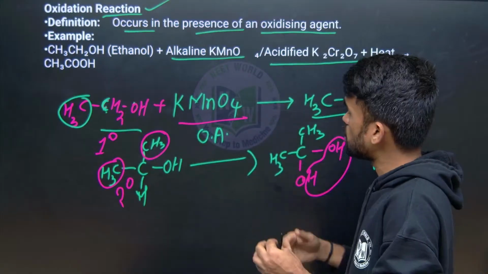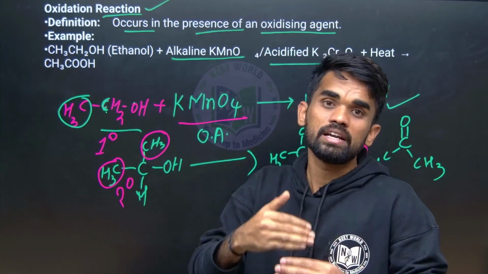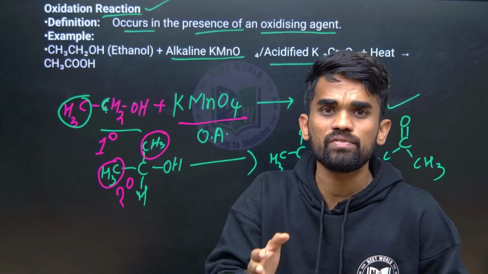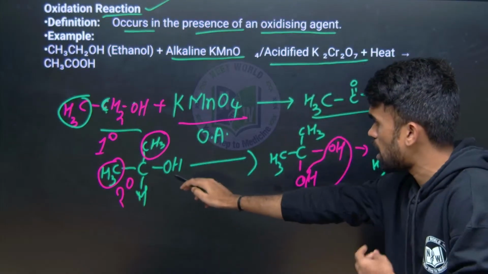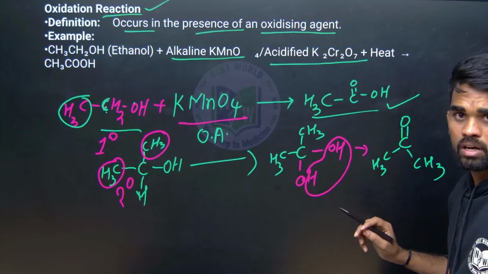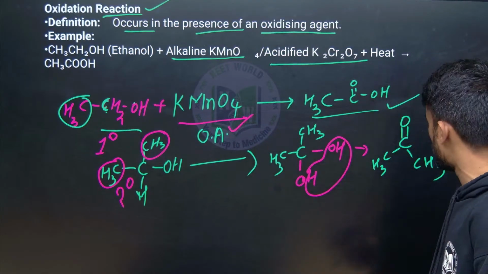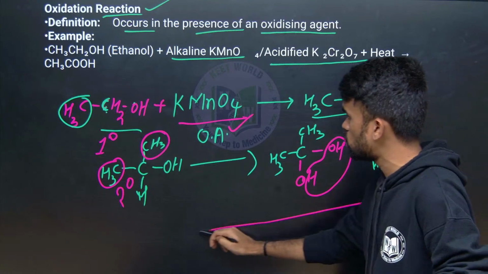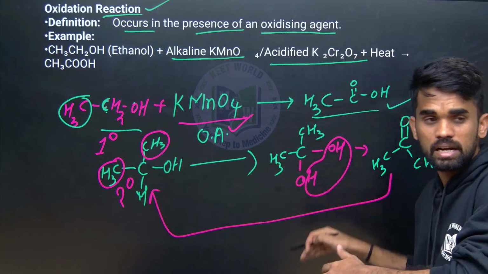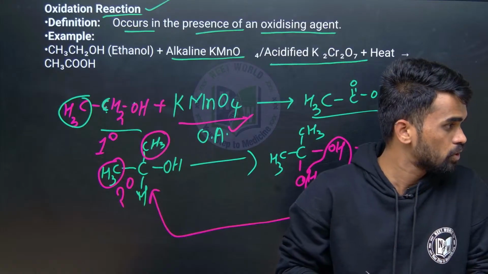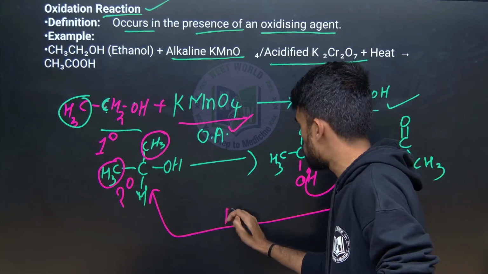Okay, so similar to this, we also have reducing agents. So what is the use of a reducing agent? In order to convert alcohol to ketone, for this oxidation process, we used an oxidizing agent like KMnO4. Now I want to convert this ketone to the alcohol. It means I want to go in reverse. So what can I use? Here I can use a reducing agent.